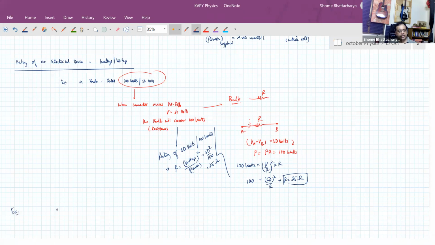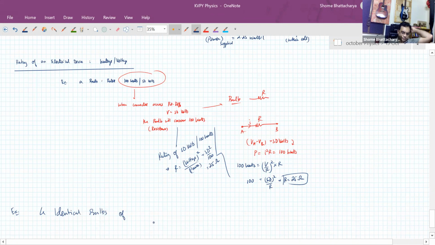So now what is happening? We have 4 identical bulbs of rating, let us say, 100 watts, 25 volts.